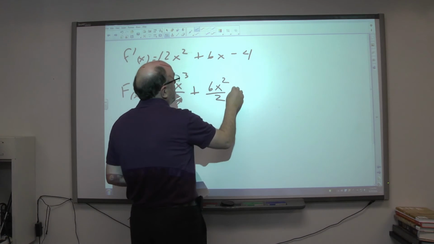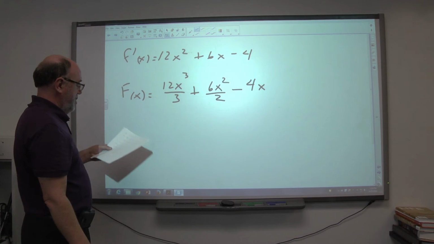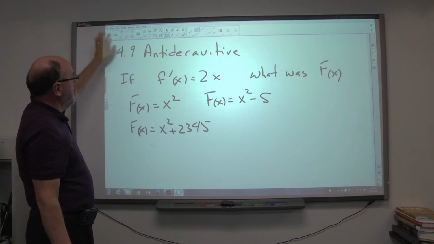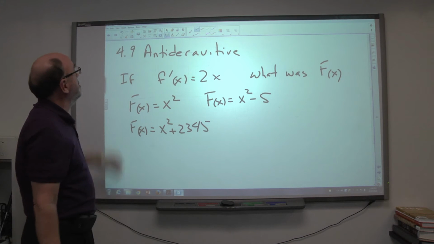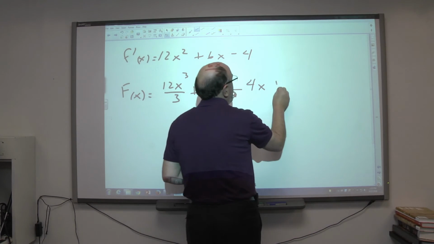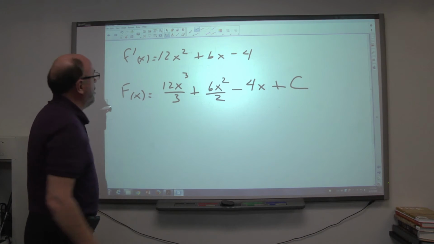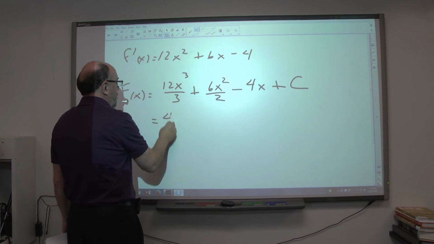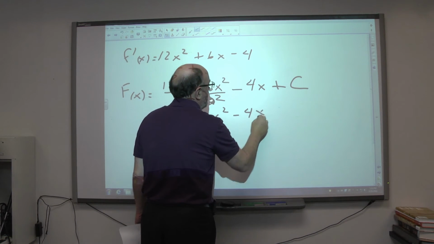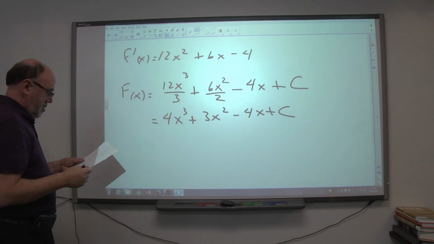And now here, when we do a constant, we're going to introduce a variable. Right? And as we saw before, any of these were possibilities. Well, the way we get around that here is we now say that this is going to be plus c, where c is some constant, whatever that might be. And then we can simplify this, so we get 4x cubed plus 3x squared minus 4x plus c. And we have our antiderivative.